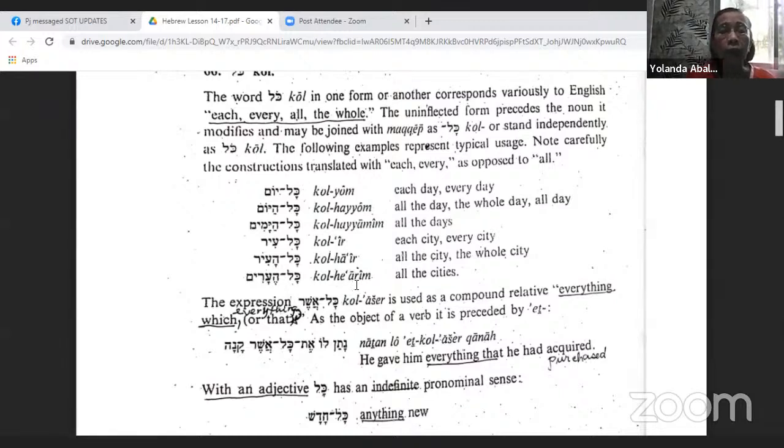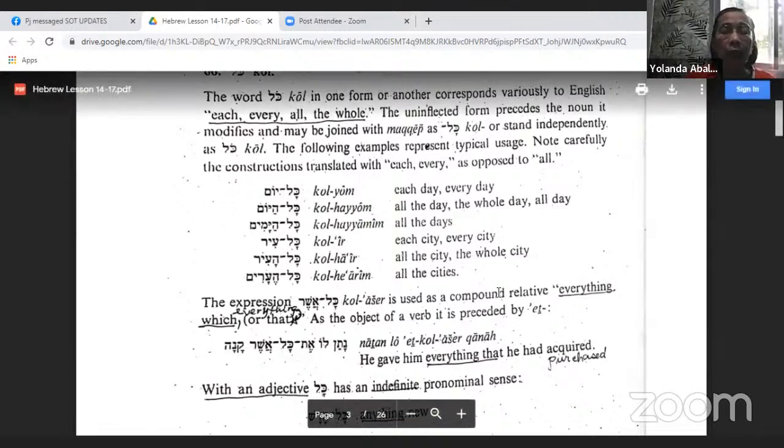So the expression kol asher is a relative compound meaning everything.